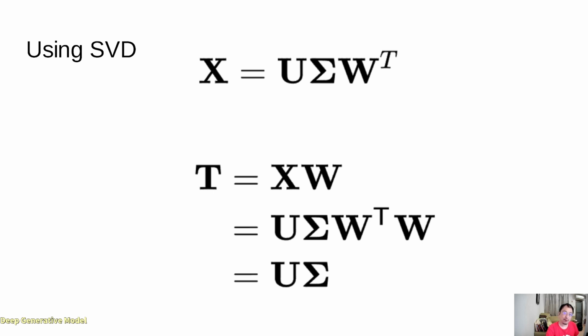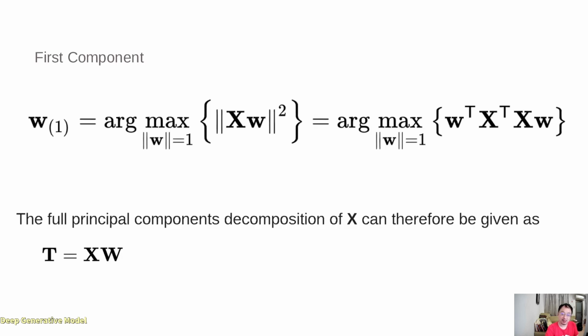If we decompose the matrix into its singular value decomposition, like this, then we can write the T. You can consider it as the PCA, the principal component decomposition.